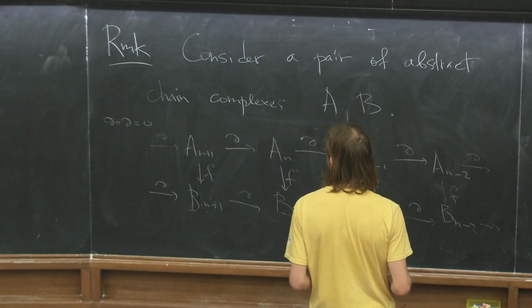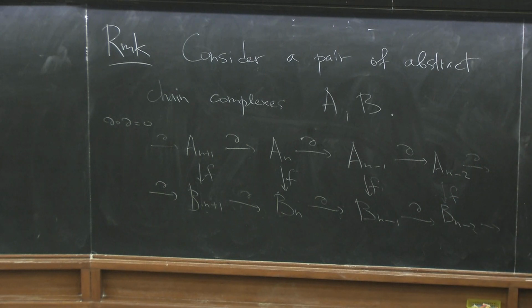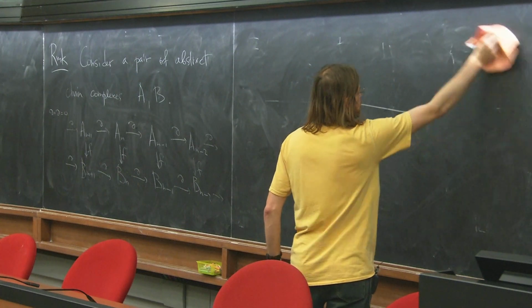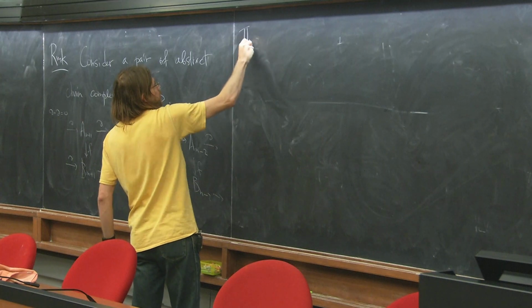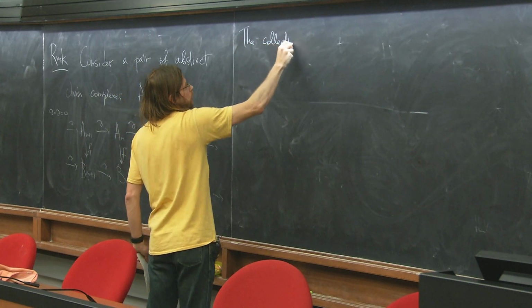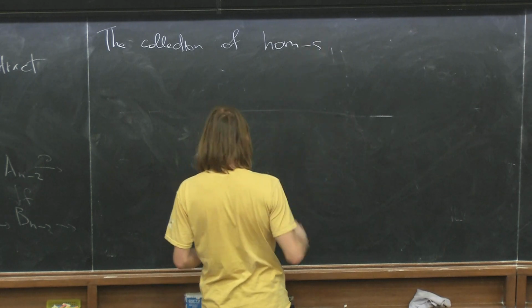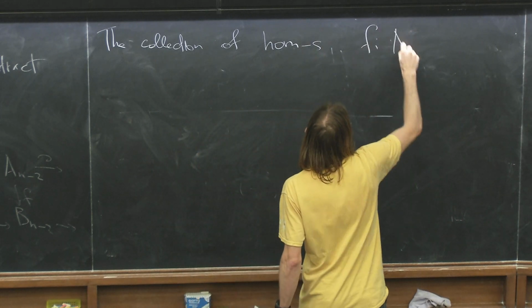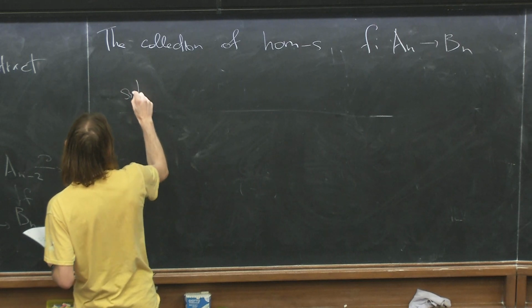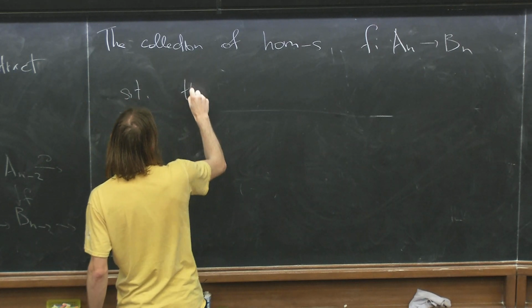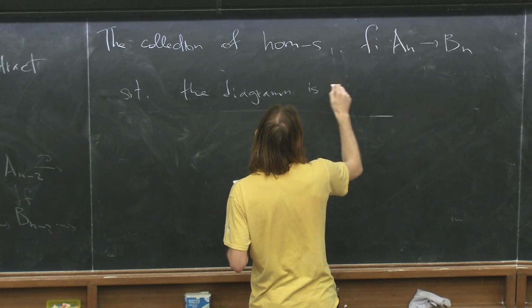So this collection of homomorphisms F, A_n to B_n, such that the diagram is commutative.